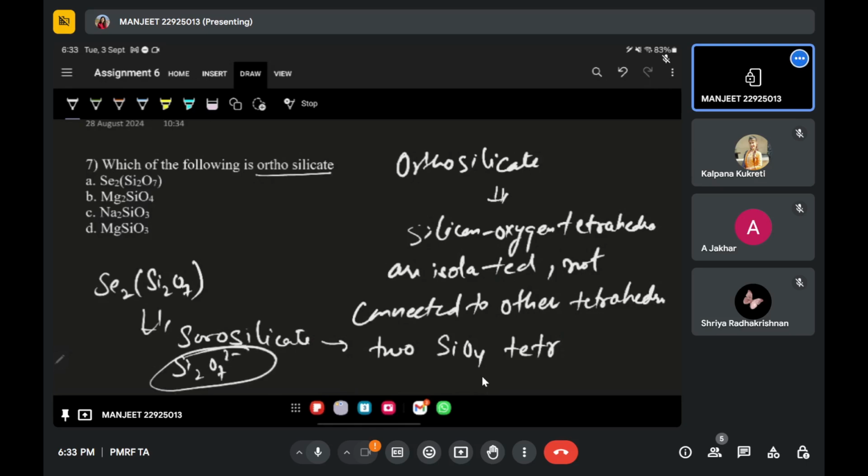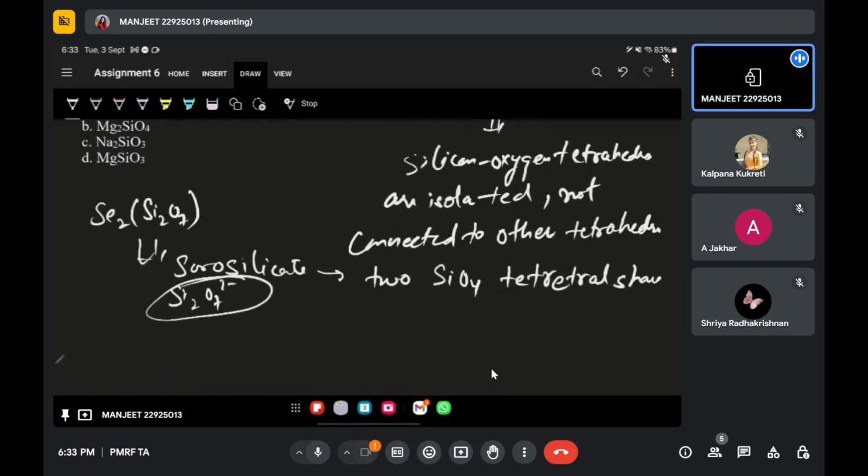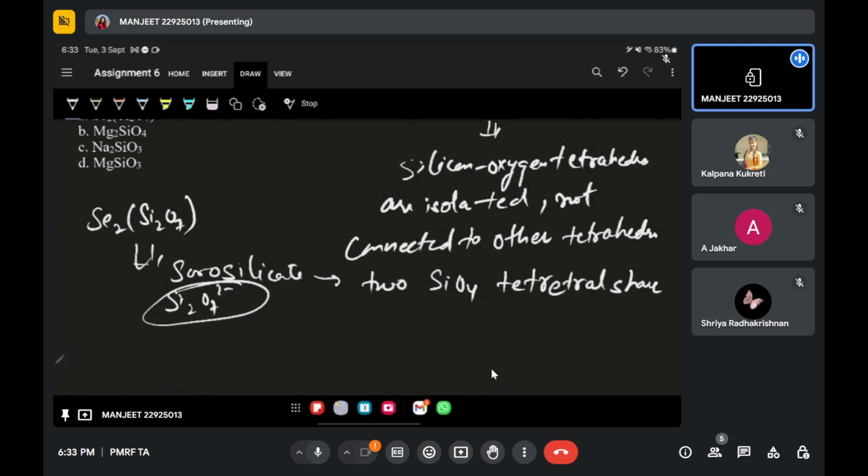So in soro we have two silicate tetrahedra sharing one oxygen, whether by the corner or the face or the edge depends on the type of silicate. In soro they share only one oxygen atom.